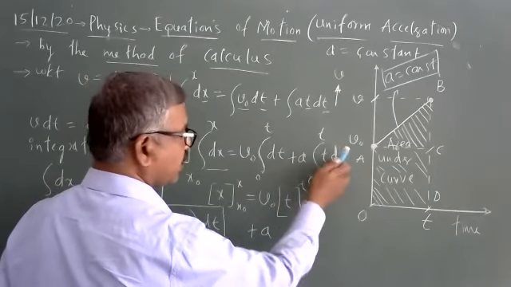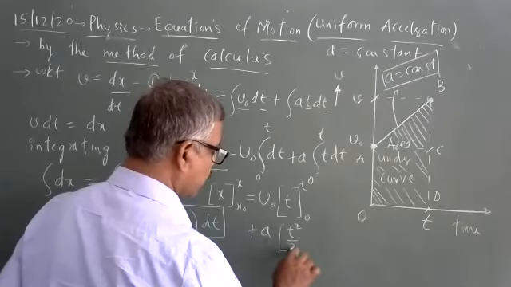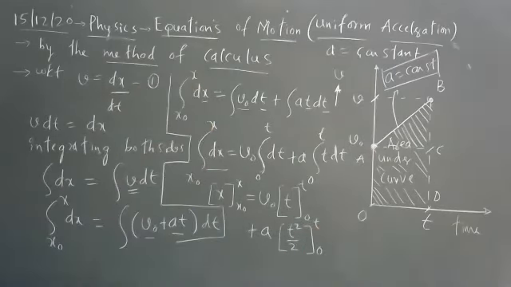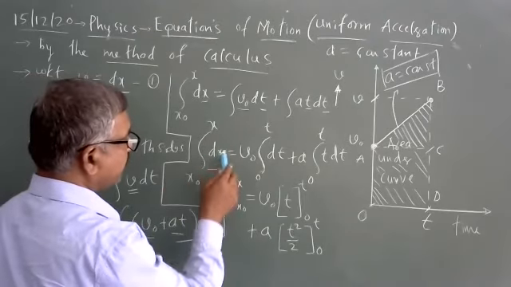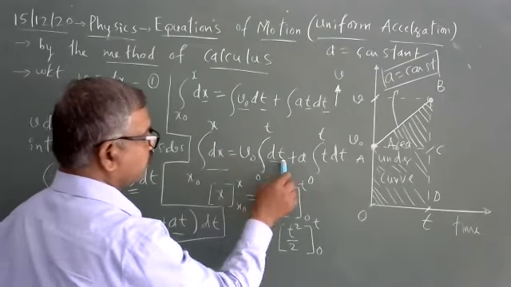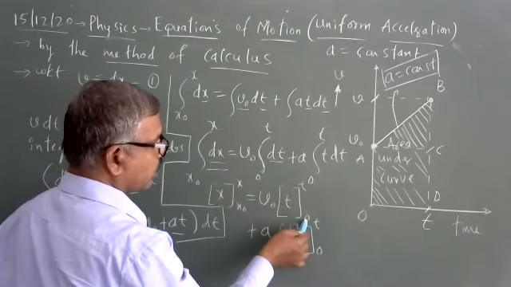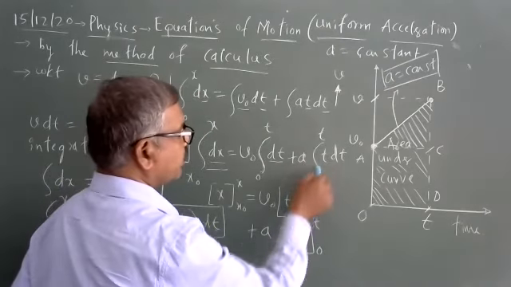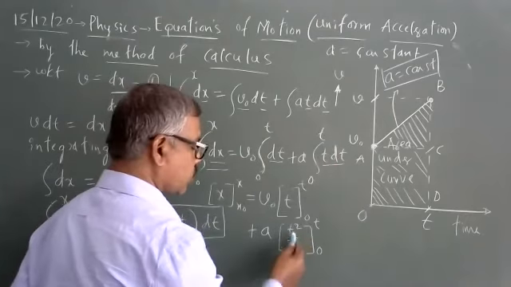Whenever you have a t dt, it becomes t square divided by 2, lower limit, upper limit. This is additional mathematics. So you have integration of x naught x dx, integration of dx is x, lower limit, upper limit. Integration of dt is t, v naught as it is. When it comes to a, integration of 0 to t, t dt, this is an additional term. Whenever you have a t, it becomes t square upon 2.